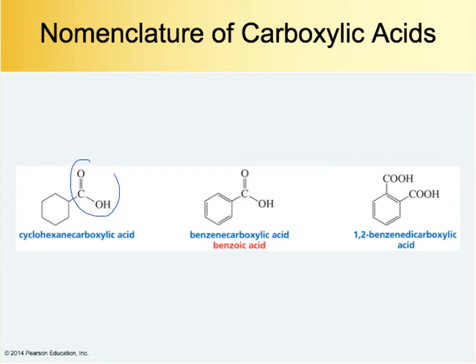Here, the substituent off the carboxylic acid would be cyclohexyl, so cyclohexane carboxylic acid. Carboxylic acid is the main part, and this time there's 2 of them. Note how they're drawn differently: the COOH, remember, could also be drawn CO2H as well.